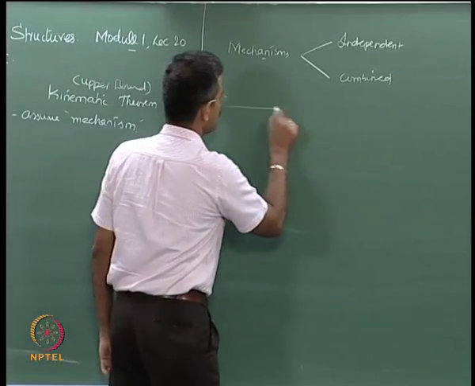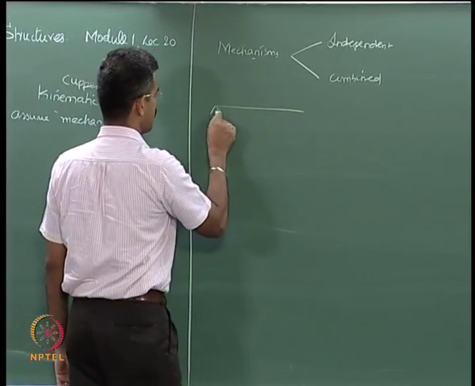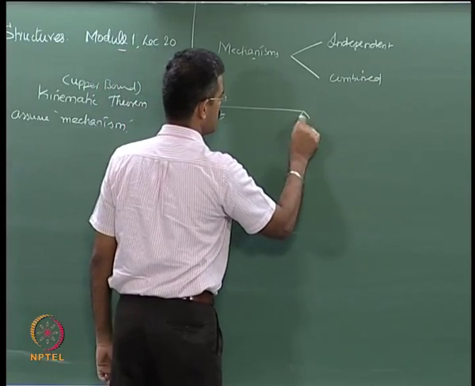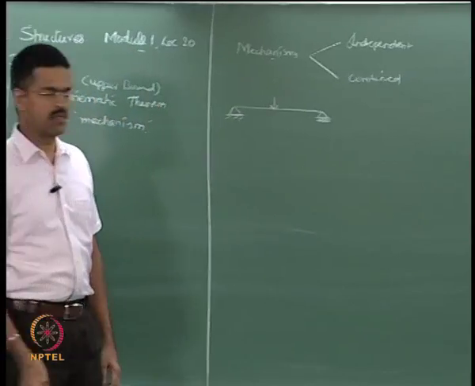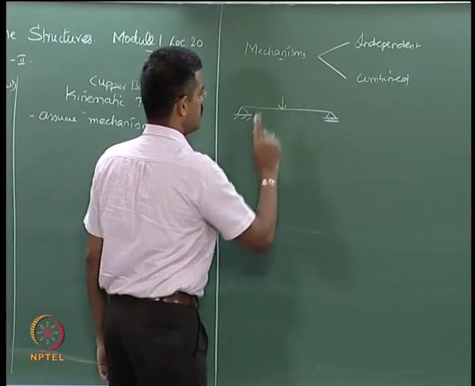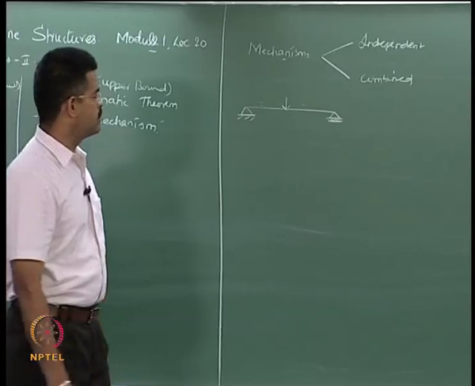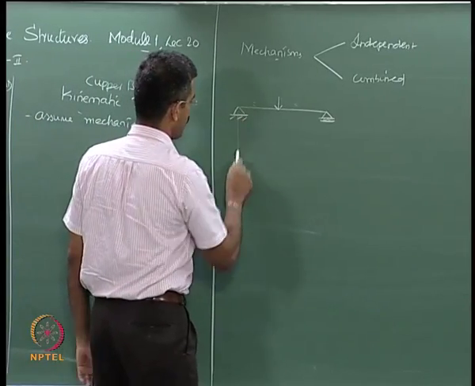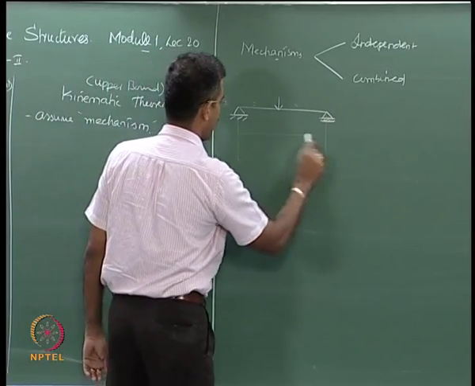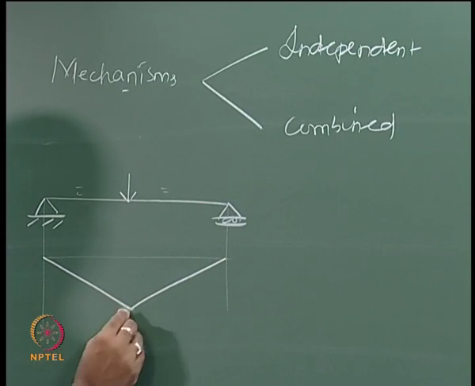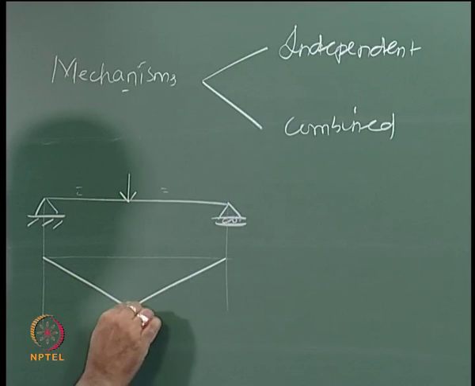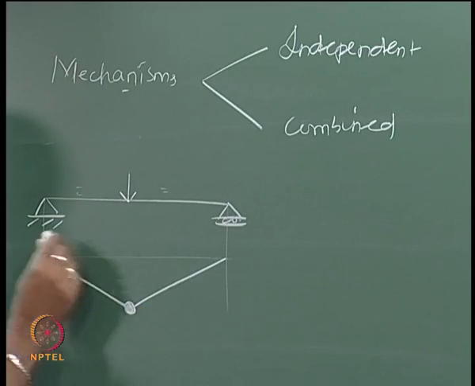Suppose I have a beam which is simply supported, subjected to a point load, central concentrated load, where the spans on either side are equal, then there will be only one hinge formed here. These two will be structural hinges.